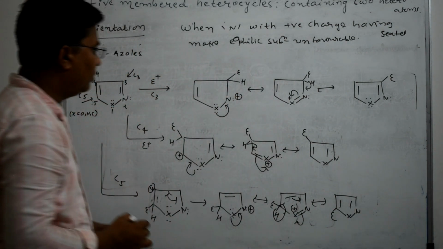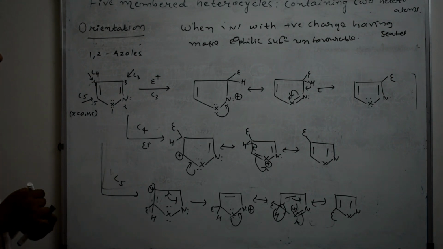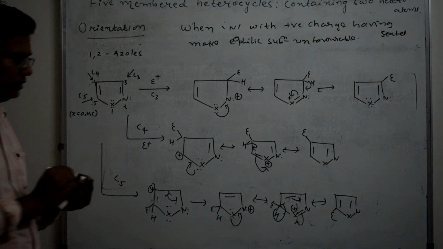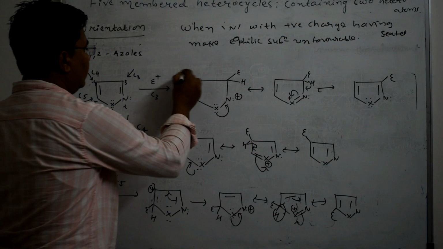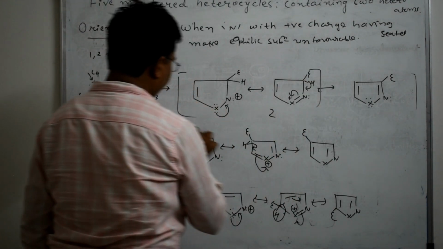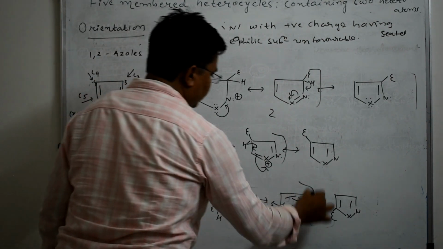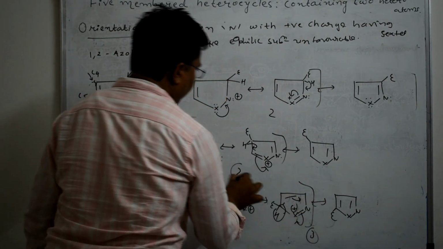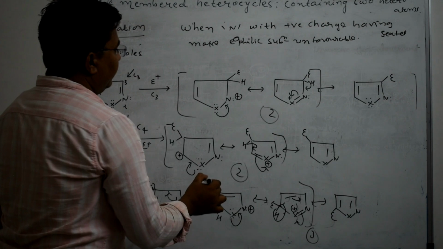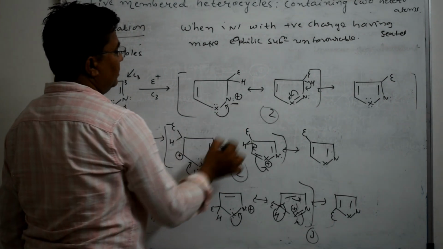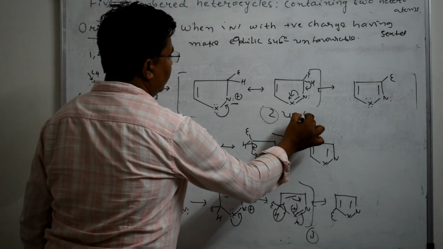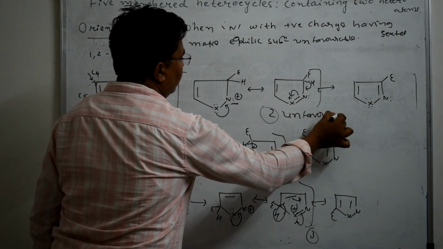By looking at all the resonating structures, if you count the resonating forms, here there are 2 resonating structures, here also 2, and here there are 3 resonating structures, right? But we found that this nitrogen is positive charge, so this is an unfavored condition.